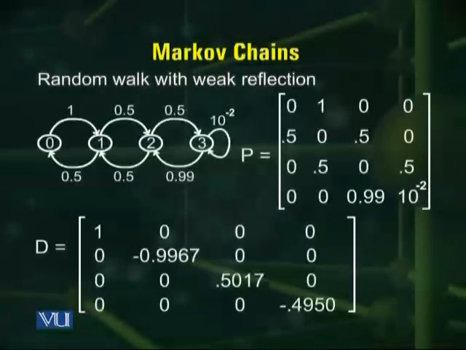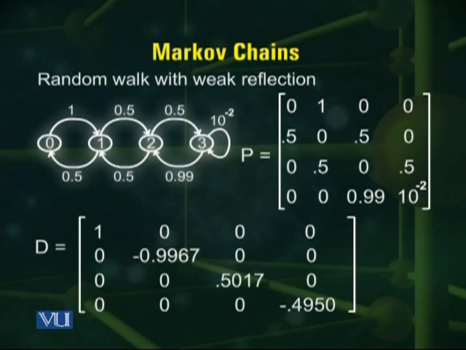Let's have a look at this modified Markov chain, its model, its one-step transition probability matrix, and other matrices that are obtained if we do its eigenanalysis. You can see the results on your screen, which shows that from state 3, there is a probability of 10 raised to power minus 2 or 0.01 of returning to that state again. And there is a probability of 0.99 of getting reflected and moving to state 2.